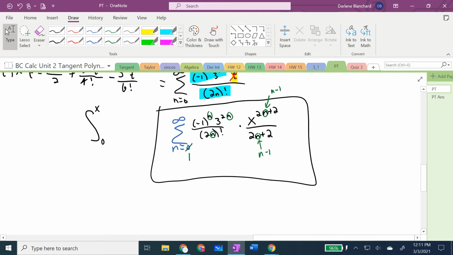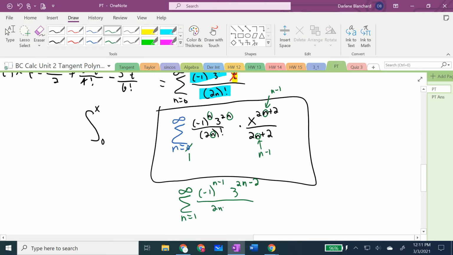And if you want, I'll write that down real quick. And I'm plugging in n minus 1. So while I can have +1, because it's -1, I should do that.